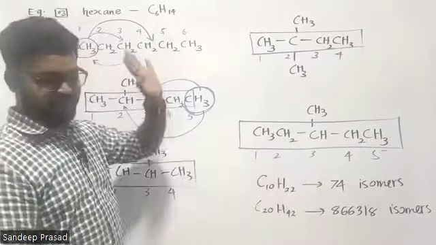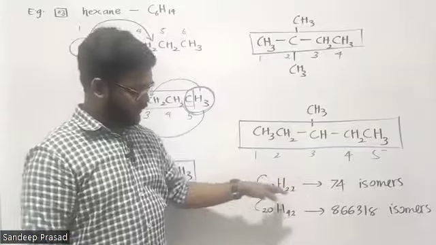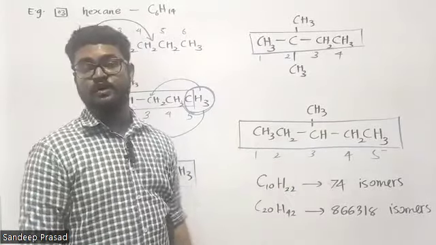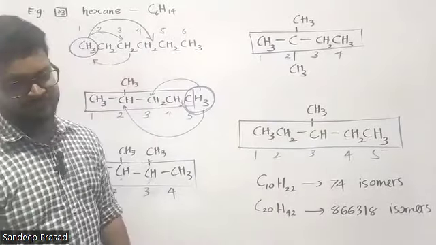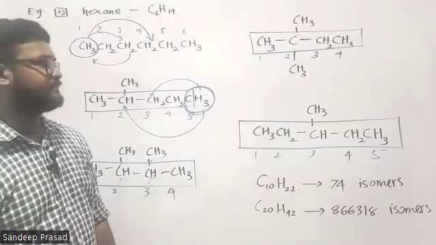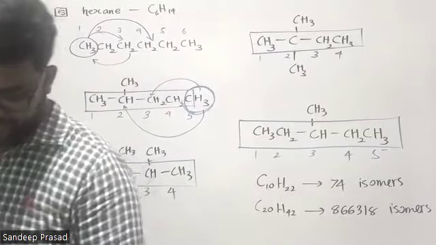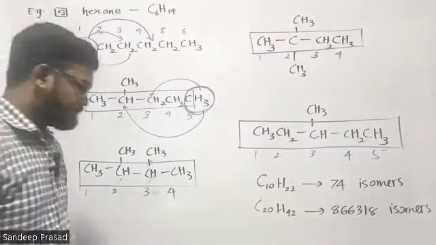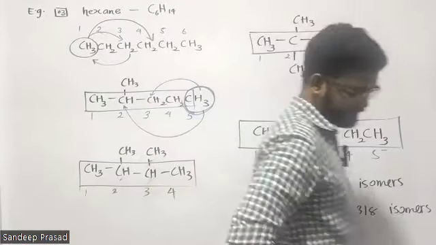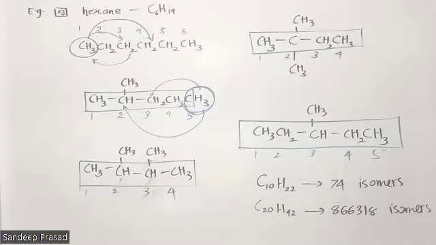For hexane we drew only 5. For decane we are drawing 74 structural isomers. That is the thing you have to understand. Quickly complete this one, hexane.